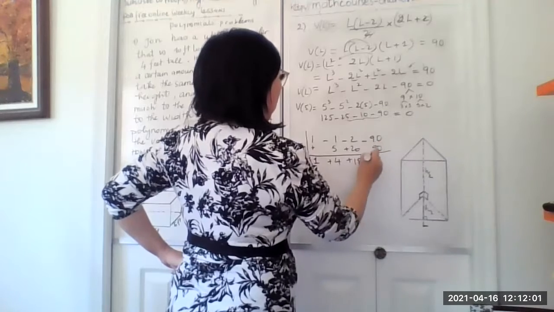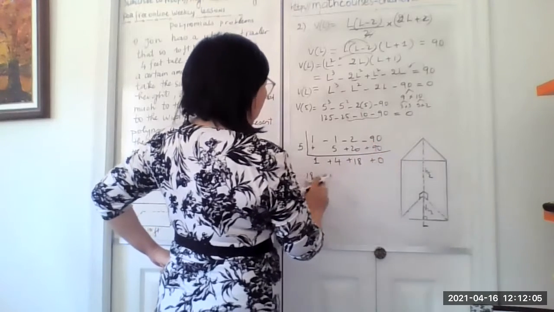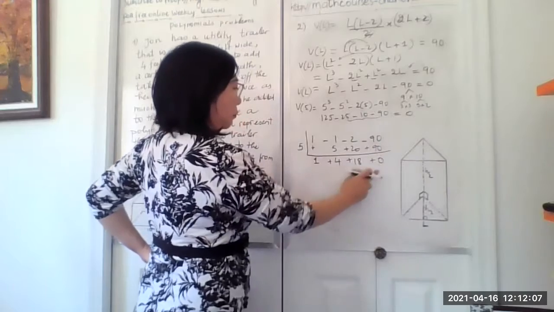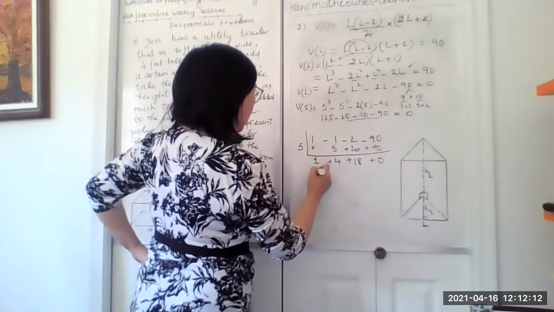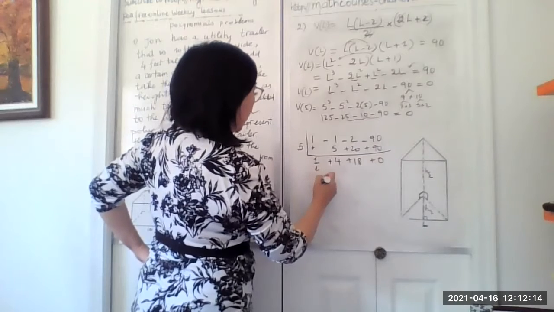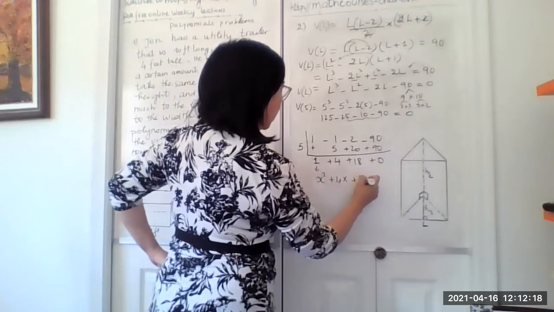So I got 90, and this is adding, so this becomes 0. So yes, the remainder is 0. So what do we have? This one here will become L squared plus 4L plus 18.